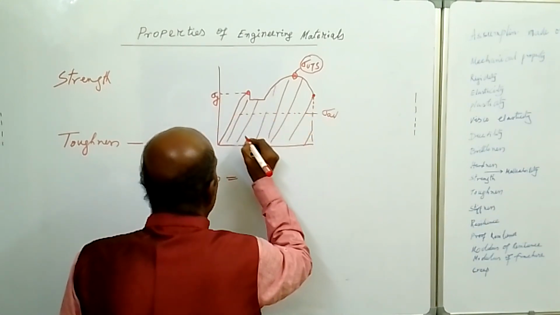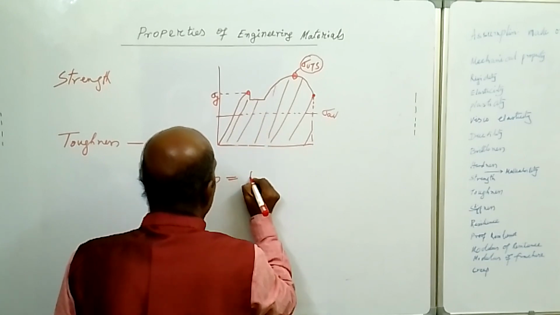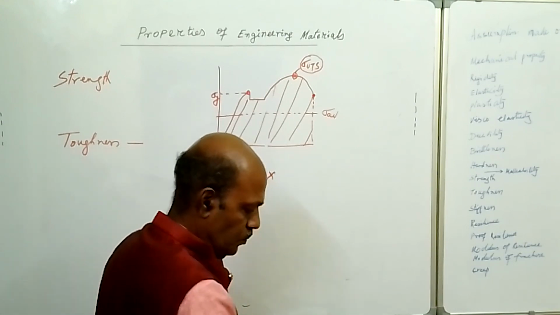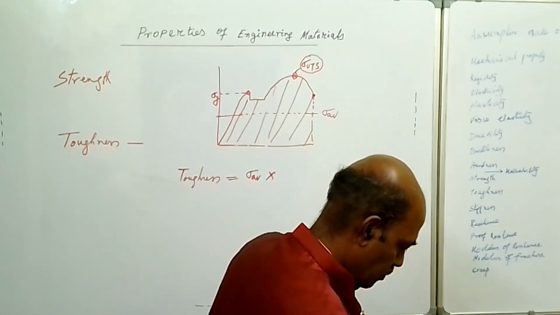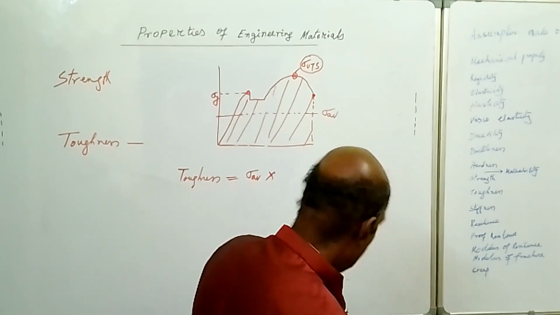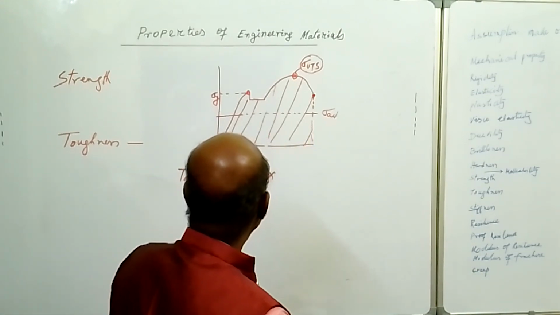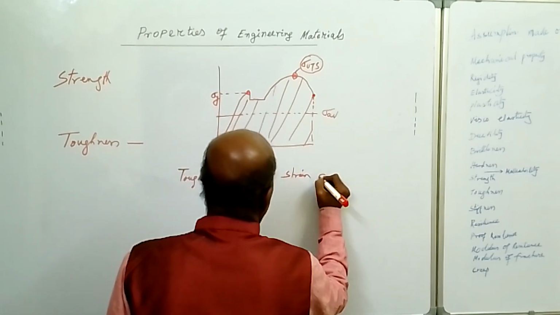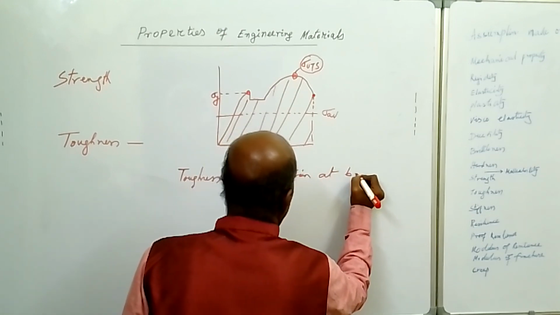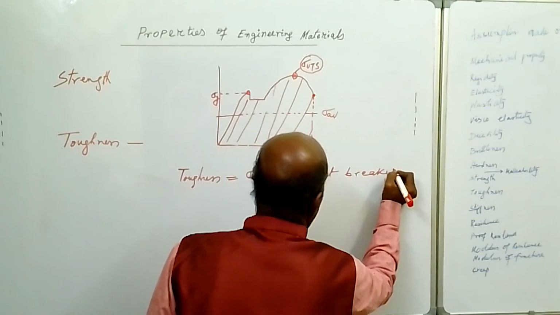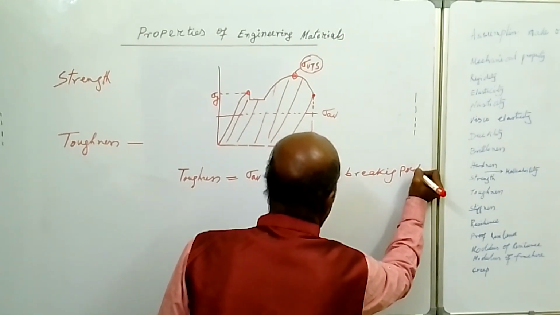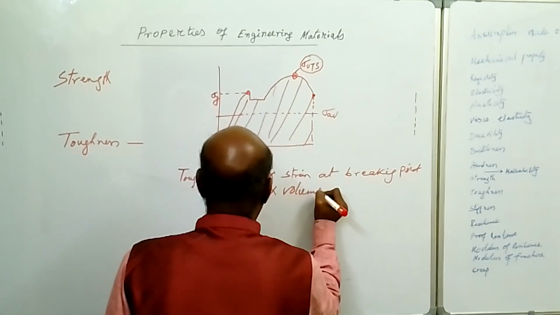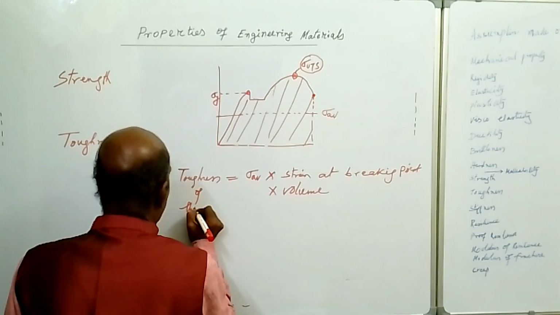So sigma average into strain at breaking point into volume of the body.